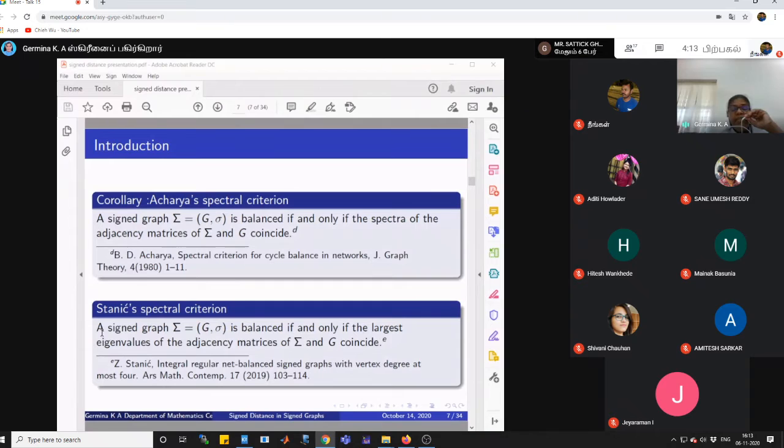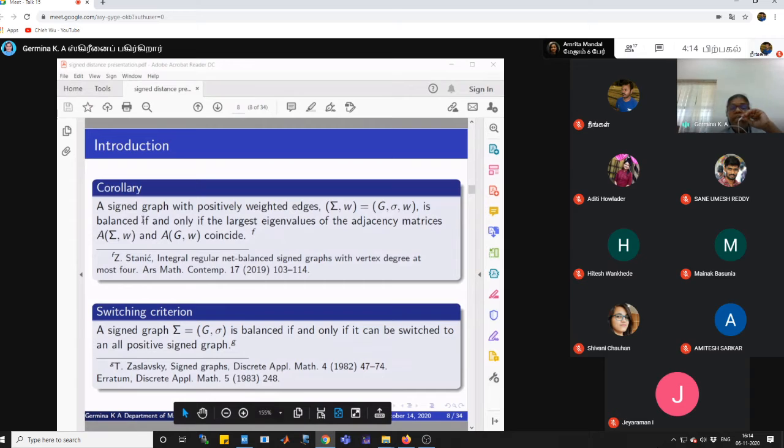Another spectral criterion: sigma is balanced if and only if the largest eigenvalues of the adjacency matrices of sigma and G coincide. This is a very recent result published in 2019, and it says that to check whether the network is balanced or not, you look at the largest eigenvalue of the adjacency matrix of sigma and its underlying graph G. If they coincide, you can say that the signed network is balanced.